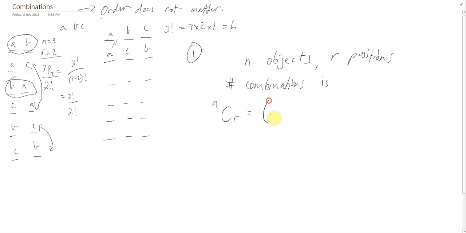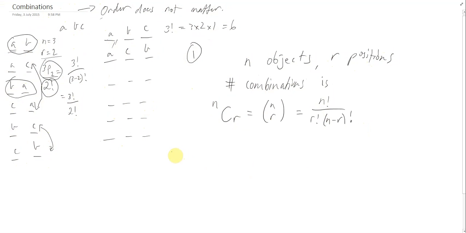This is also written just like n over r in brackets, which I'll show you in a sec. And it's given by n factorial divided by r factorial times n minus r factorial. So it's the same as our P formula, but divided by the r factorial. So there it is. Definitely write this down. It's very important that you know and understand it.